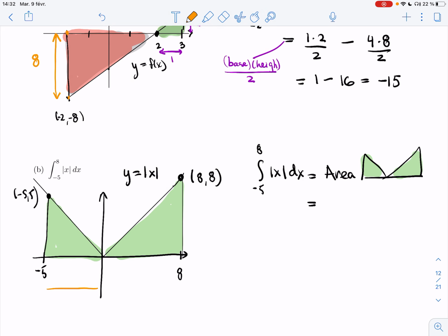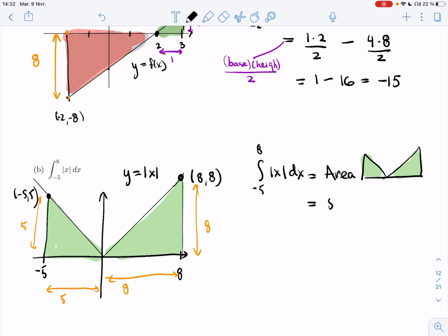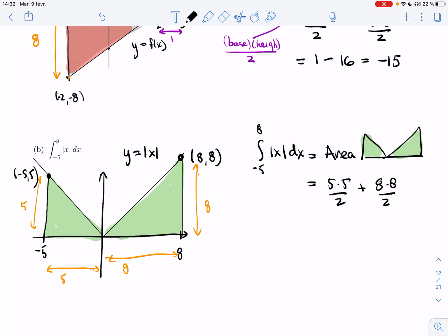Here I have 5 units, and I have 5 units here. Here I have 8, and I have 8. And so I'm getting 5 times 5 divided by 2 plus 8 times 8 divided by 2. And I've computed this, it's 89 halves.